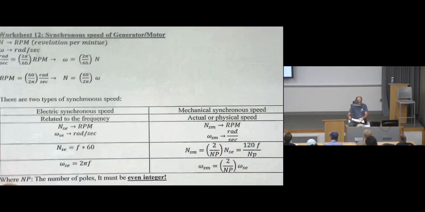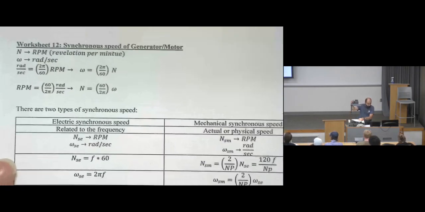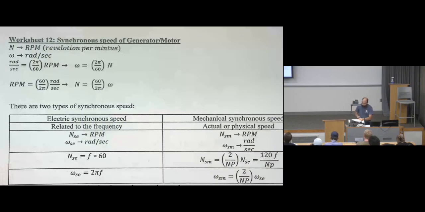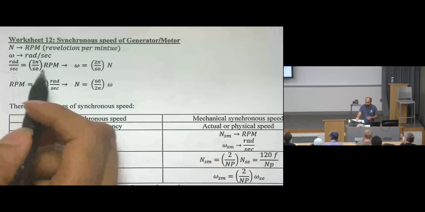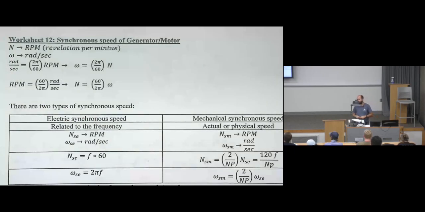Worksheet number 12 will tell you about the speed definitions. Now, there are some things called RPM, the speed, or sometimes radian per second. These are also very important definitions. The speed is still the speed, but what are the units? Mechanical engineers prefer RPM, because this is what makes sense for us.